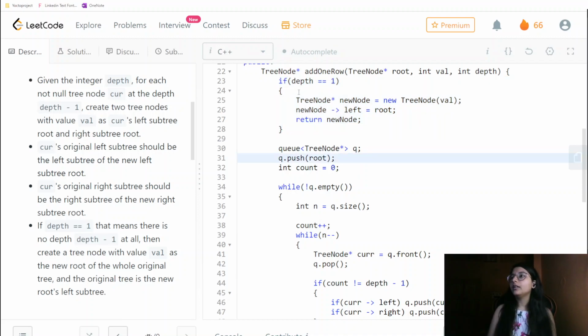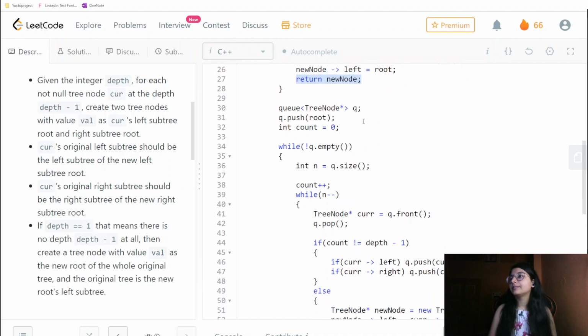So at that moment, we are creating a new node, and the value we are adding is the value which is being given to us as input. And then towards the left of that new node, we are adding this root. And then we are returning the new node, because now the new node is basically the new root of our tree. So this is for handling that particular case.